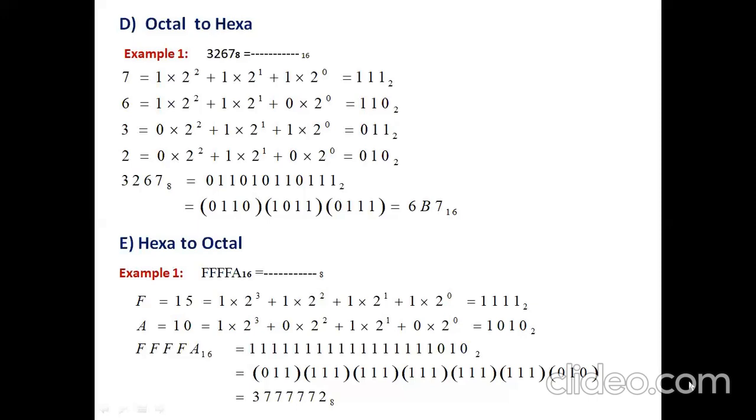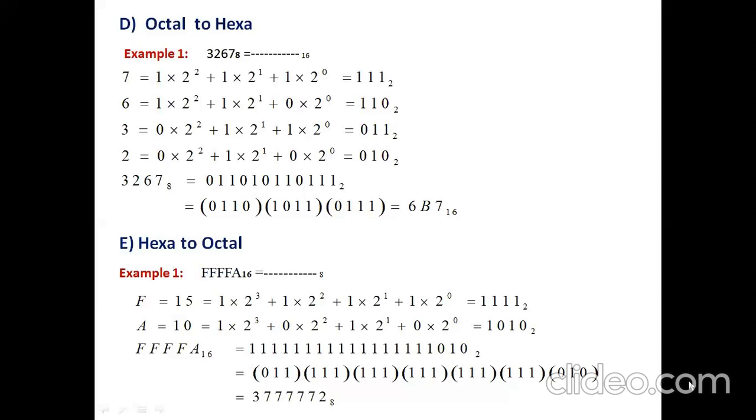For A it is 10, and 10 means 8 plus 2. That means 1010. That is how you get it. After getting it, you put all the binary numbers in the order of your given problem. So 1111, like that you go on putting.